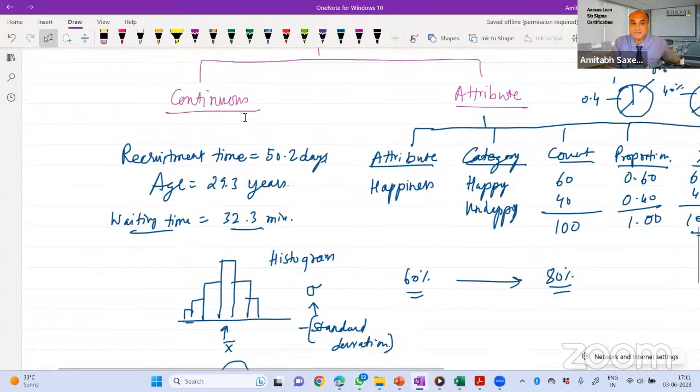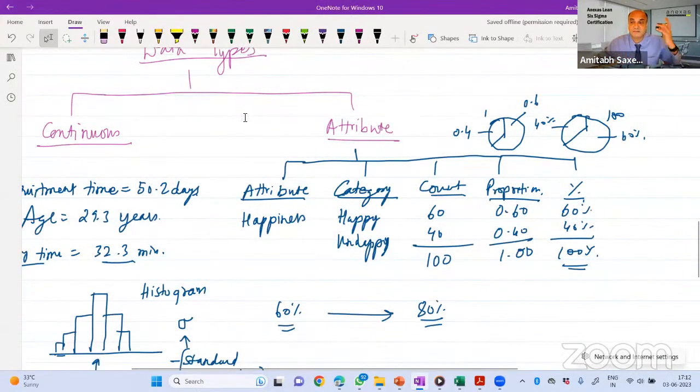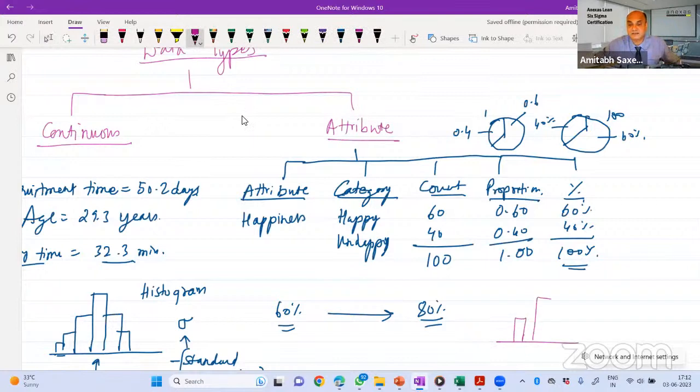But for the time being, let us look at the attribute data also. Now, attribute data, I cannot make a histogram. For attribute data, I can make a bar chart, like happy, unhappy. Or I can make a pie chart, which we made, right? Happy, unhappy.